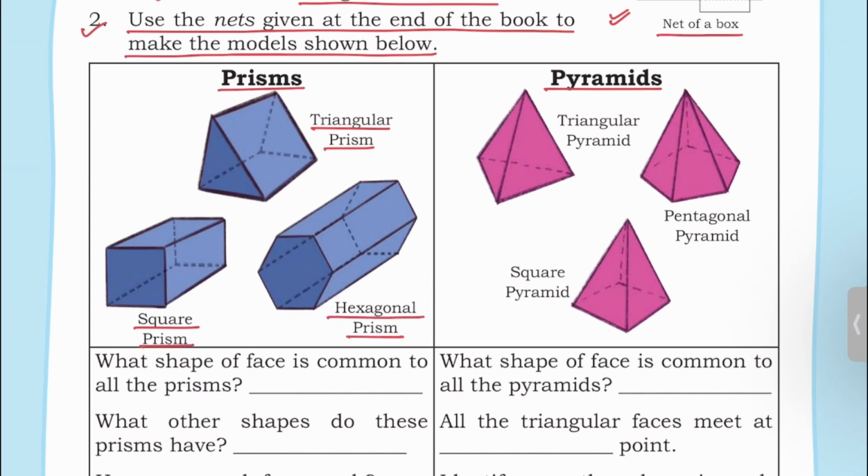In pyramids, you can see triangular pyramid, pentagonal pyramid, and square pyramid. The nets to make these models are given at the end of the book. Let's see.